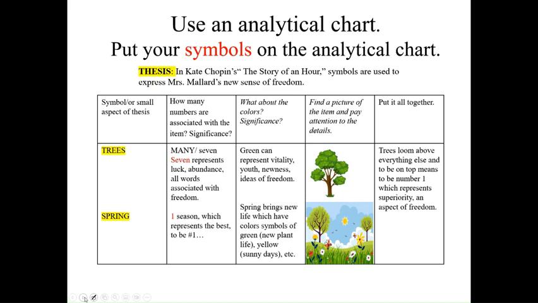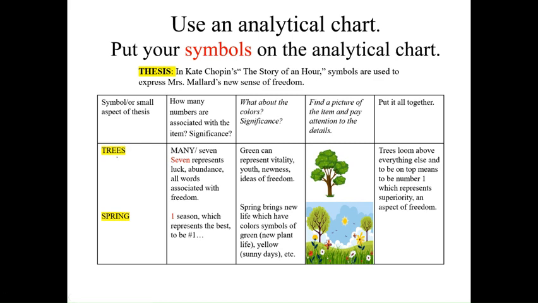This analytical chart is very important because it'll prompt you to put some analysis in your paper. Okay. If you use it, it will prompt you to do that. You just have to make sure you transfer whatever you put on your analytical chart to your paper.